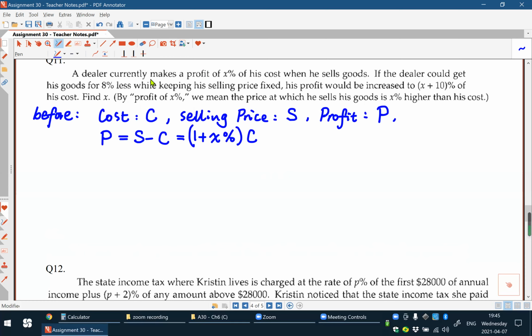Because it says here makes a profit of X% of his cost. So after the price change, what has changed? First of all, the cost has changed to 8% less. Now the new cost is 1 subtracted by 8% of the original cost, right? Which is 0.92 C.